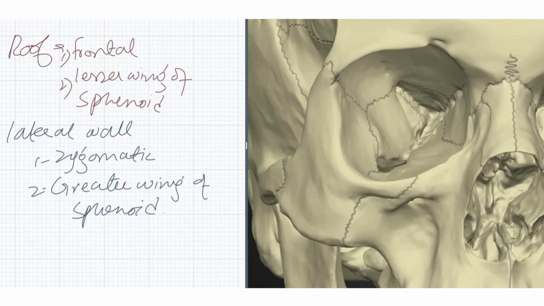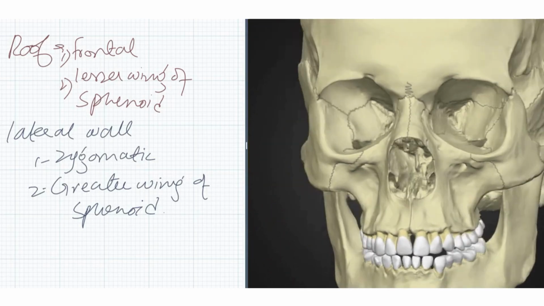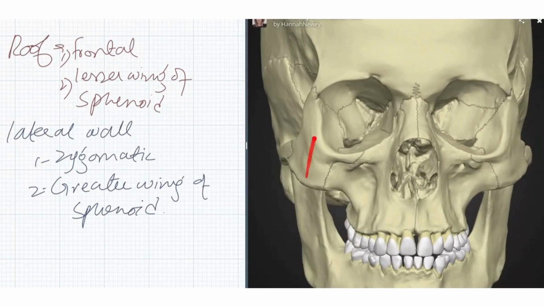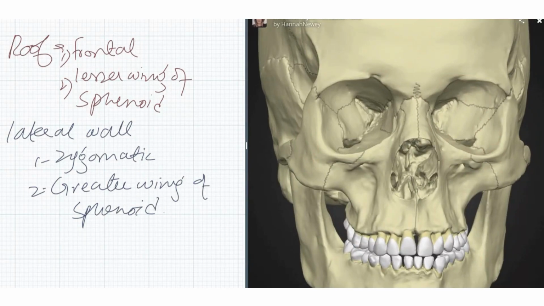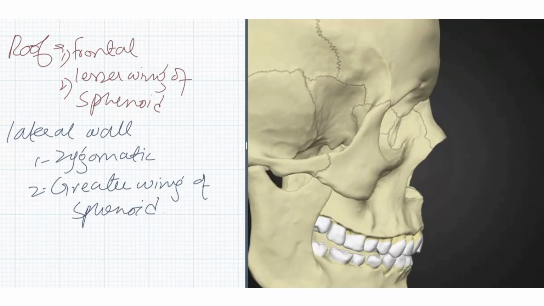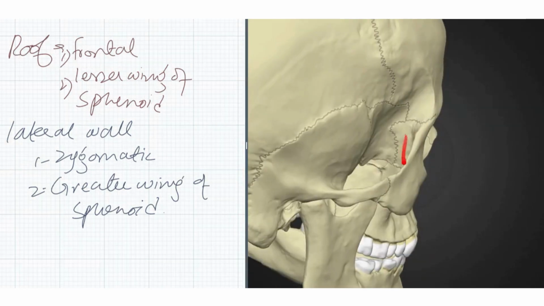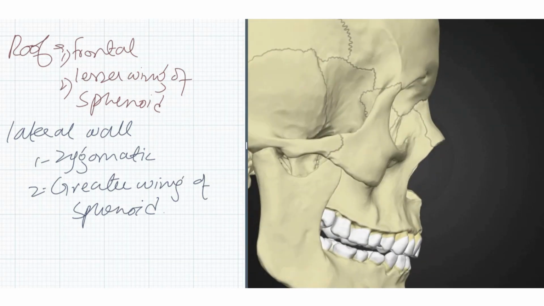This right here is the zygomatic bone, which is also known as the cheekbone. This whole is the zygomatic bone. This makes the lateral wall of the orbit. And this right here is the greater wing of the sphenoid.